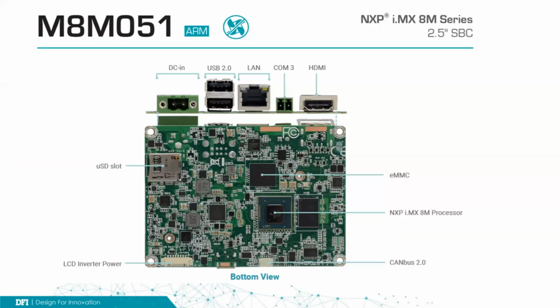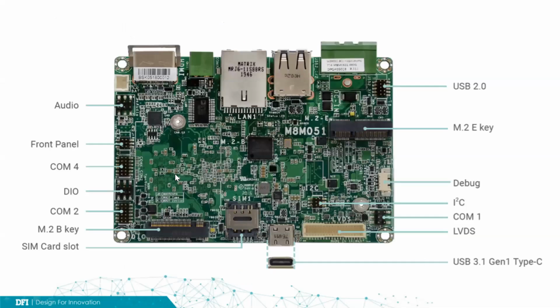out of that. For example, we have the basics: the USB port, the LAN port, the COM port, HDMI, and we have default eMMC inside. CAN bus is also supported as well. SD slot or LVDS or others like the I2Cs or the debug port, and the M.2 E-key for the Wi-Fi extension.